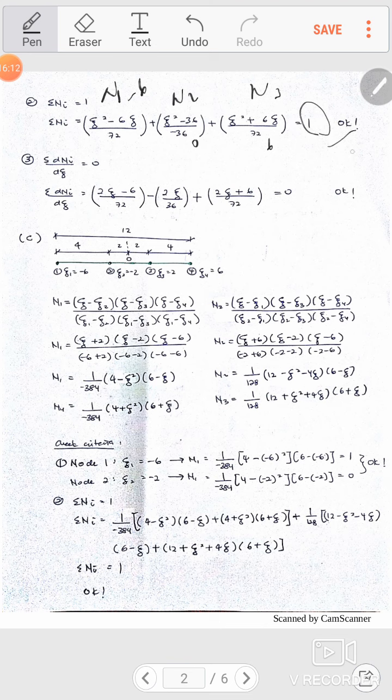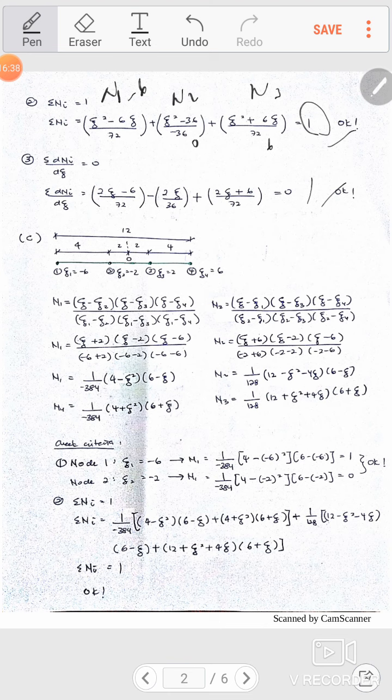You will get 1, so that's okay. And the last point is the summation of the derivation of each node. Just derive each node and substitute the values of zeta, and you will get 0, that's okay.